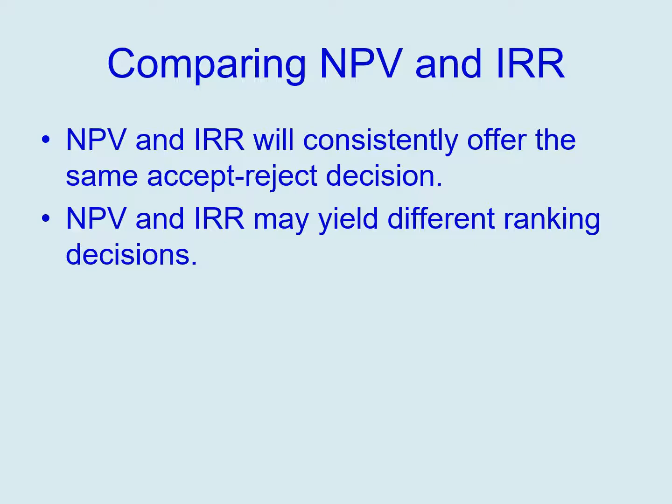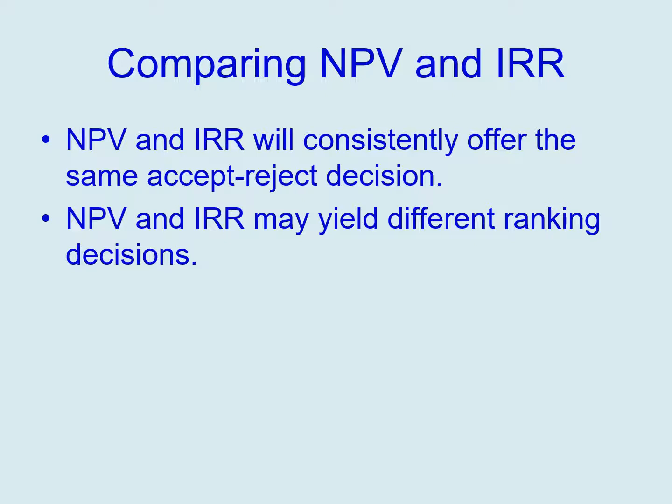And by accept-reject, I mean if net present value is positive and says that the project is acceptable, then you can be sure that the internal rate of return will be greater than the cost of capital. In other words, they won't conflict in terms of NPV saying it's acceptable and IRR saying it's not. That won't happen.